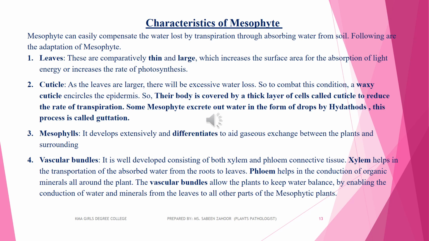Xylem helps in transporting absorbed water from the roots to the leaves, whereas phloem helps in the conduction of organic materials and minerals around the plant. The vascular bundle allows the plant to keep water balance by enabling the conduction of water and minerals to all other parts of the mesophytic plant. Is this clear to all of you?